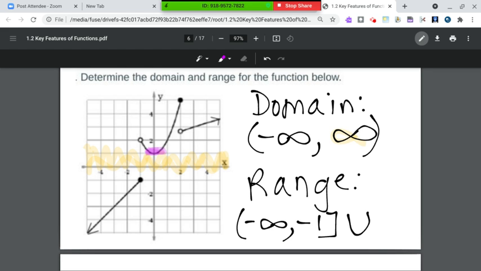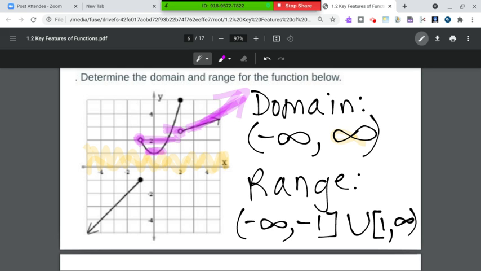Which would be what y value? 1. Okay, so we pick back up with a bracket at 1. And do you see how, even though it's open here, it's closed here, and it's open here, but it's closed over here? And where's this arrow essentially going? To positive infinity. So we're going to say -infinity to -1 bracket, union 1 to positive infinity.